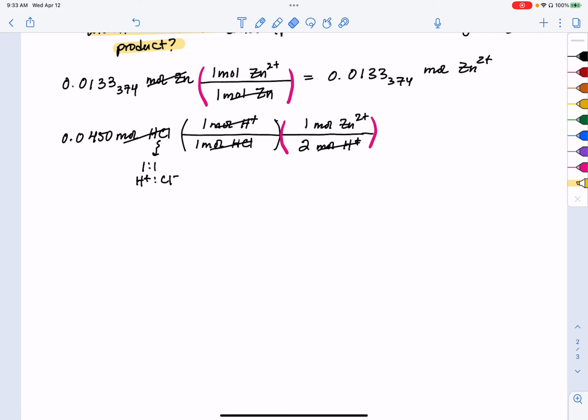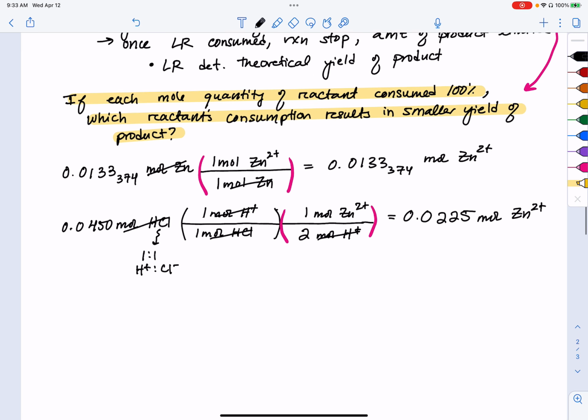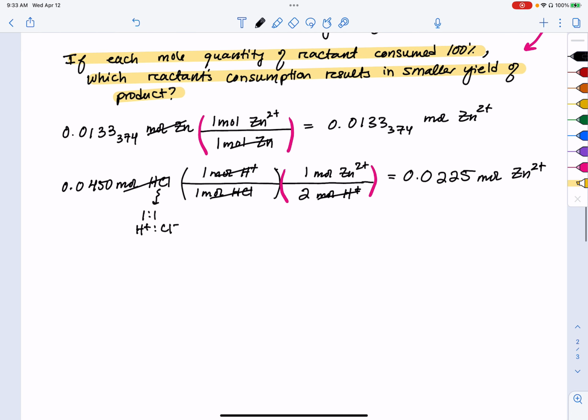Okay, so 0.0450 moles divided by 2 gives me 0.0225 moles of zinc 2+ that's made. And going back up to the question we're trying to answer from our limiting reactant calculation, if each mole quantity of reactant is consumed, which of those reactants results in the smaller yield of product?